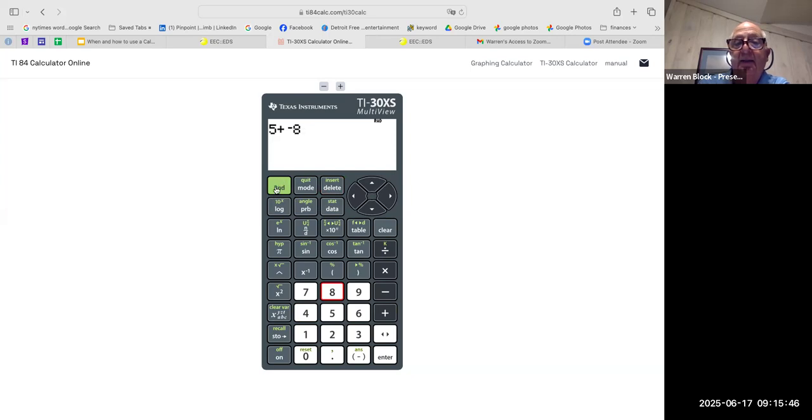If you go second delete, second delete is insert, and we can change that to a minus if we want. Then we delete the plus sign and calculate, enter. When you subtract the negative, you get 13, as expected.